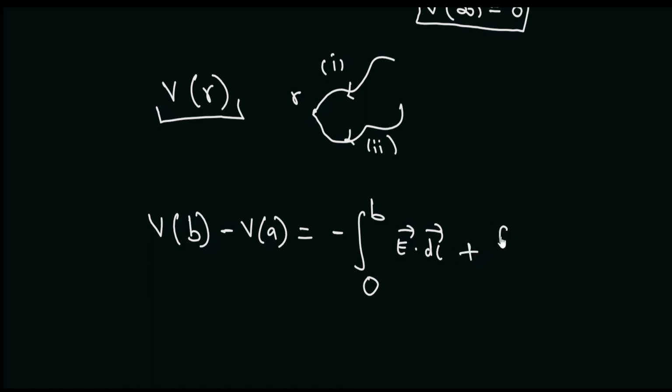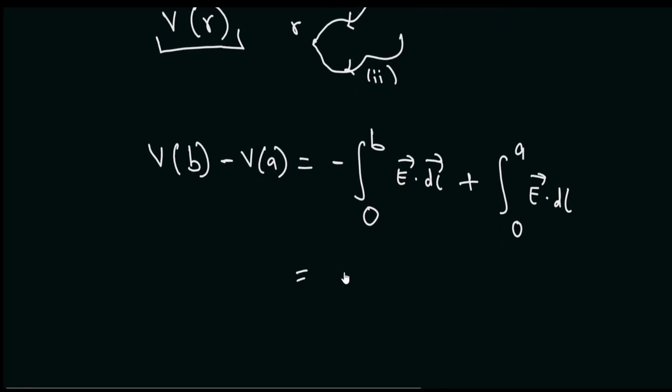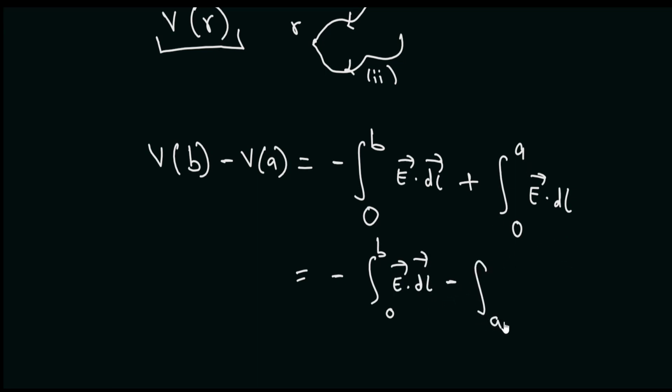So we can write plus the integral from O to A of E dot dl. Now we can write minus O to B of E dot dl, and we can change the limit of the second integral, so we will have a minus sign in front, A to O of E dot dl.